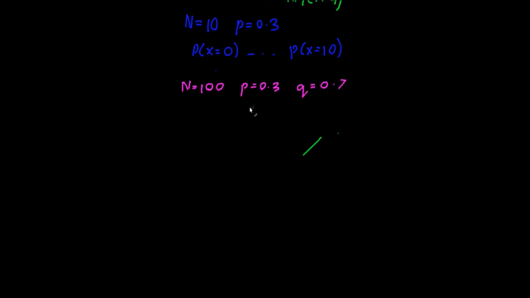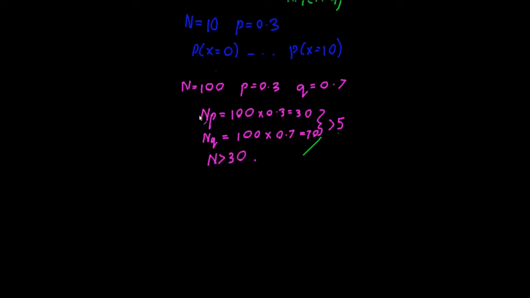So one condition that we need to have is that np, which in our case is 100 times 0.3, which is 30, and also nq, which is 100 times 0.7, which is 70, are both greater than 5. So for it to be a good approximation, this condition needs to be satisfied. And I've also seen in some places that they end up saying n is greater than 30.